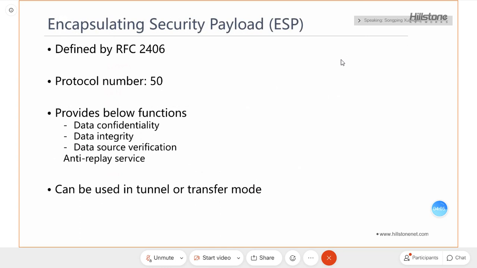For the ESP, which is the encapsulating security payload, it uses the protocol number 50, which helps to provide the data confidentiality, the data integrity, and also data source verification, which covers all those three key elements. It can be used in both tunnel or transport mode in the VPN.